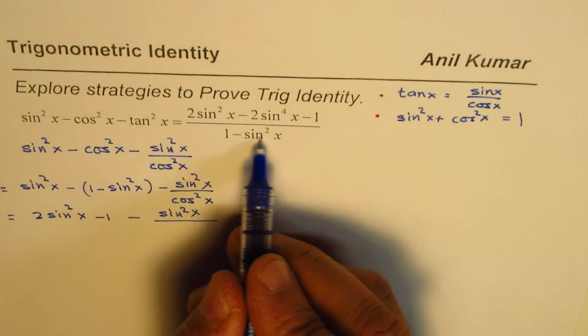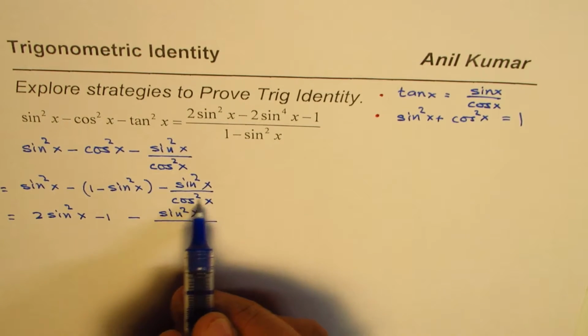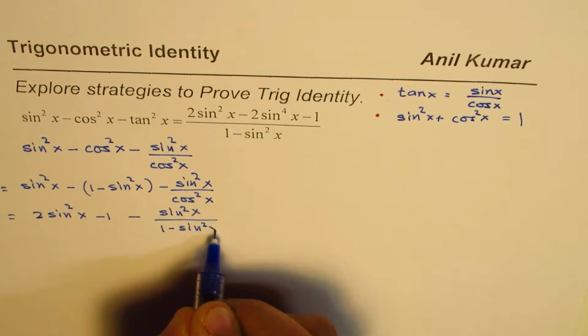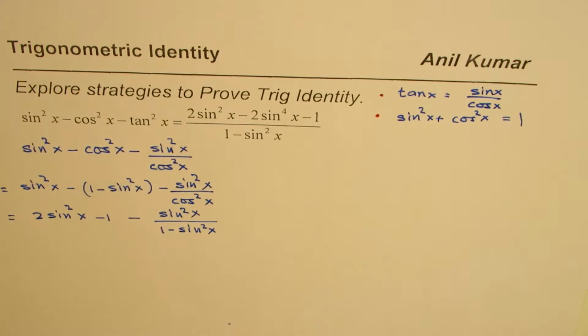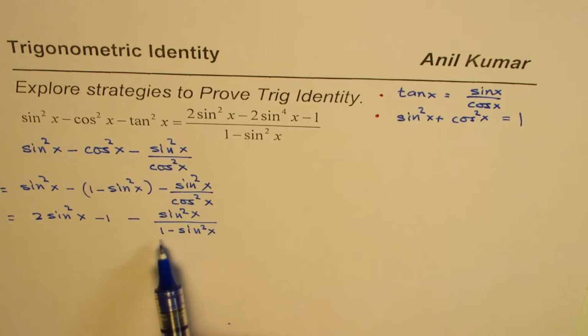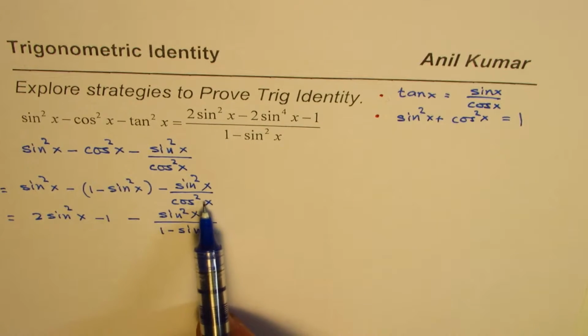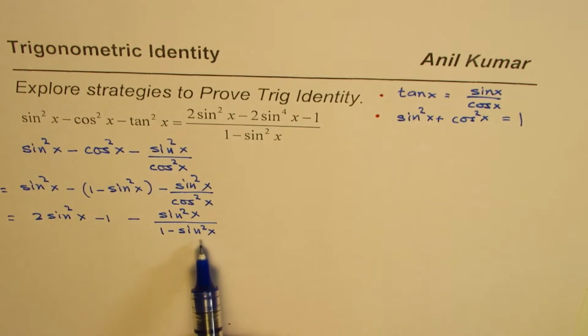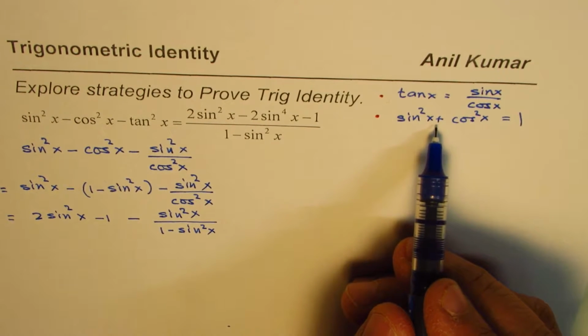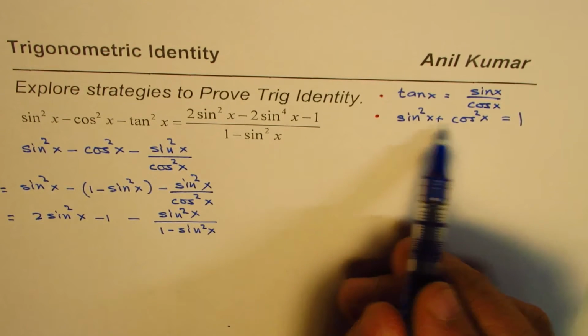Now we want 1 minus sine square x, therefore we'll write cos square x as 1 minus sine square x, correct? Since on the right hand side we have 1 minus sine square x in the denominator, it's a good idea to write this cos square x in terms of 1 minus sine square x. So again we have applied the Pythagorean identity.